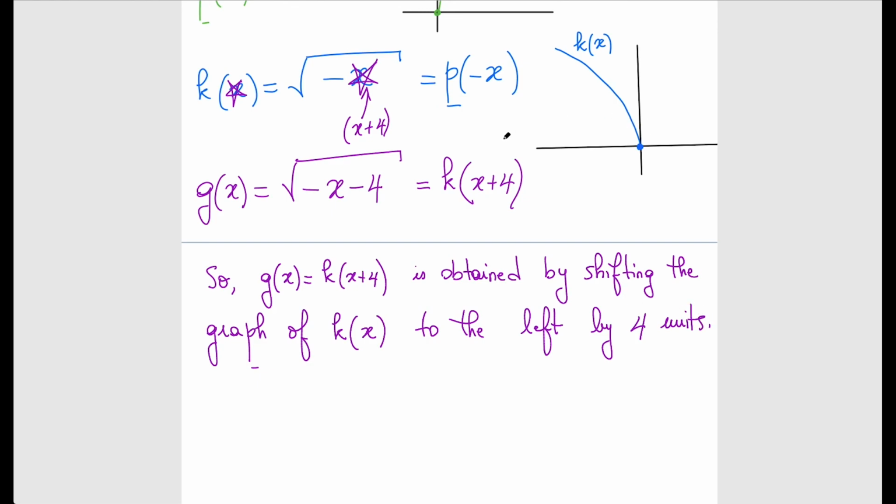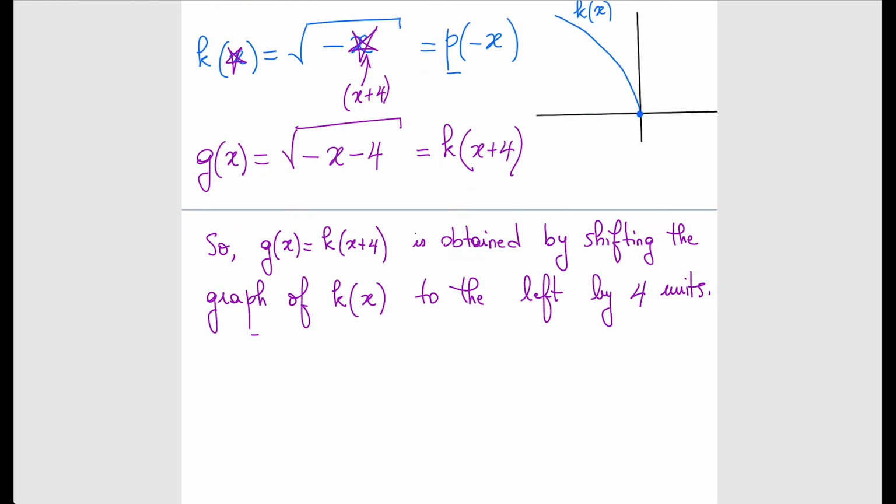So we're going to shift that 4 units to the left, and we obtain something like this.